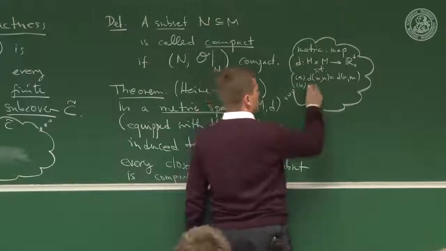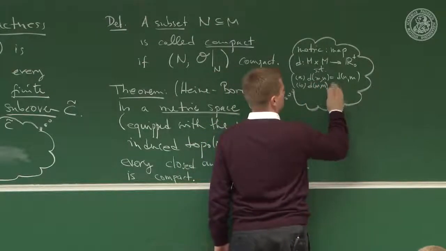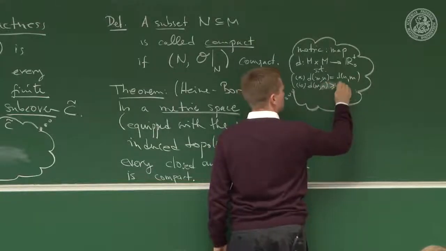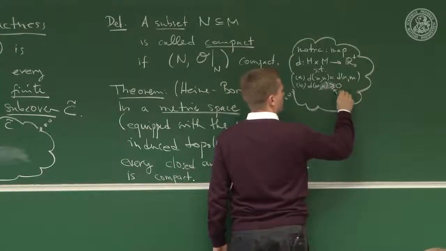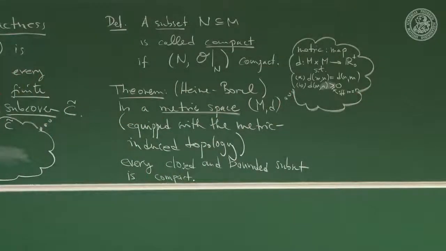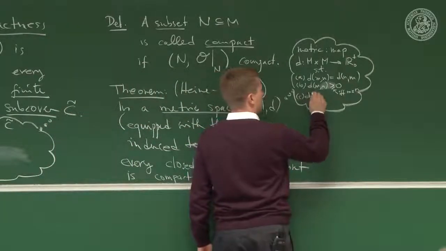Second, you have a positivity property: d(m, n) is always greater or equal to 0, and equal if and only if m equals n. So two distinct points always have a non-zero distance. And property C is the triangle inequality.